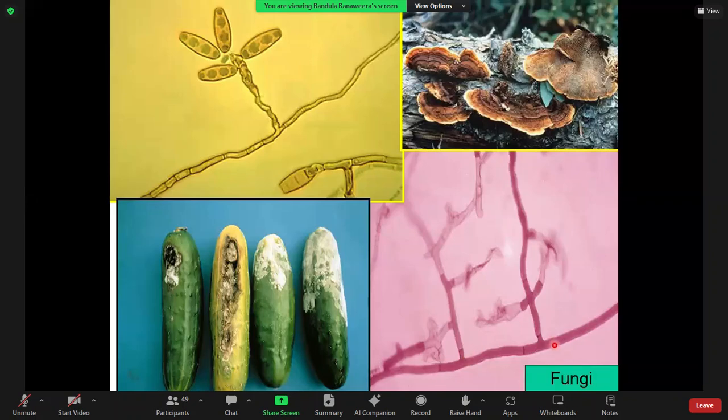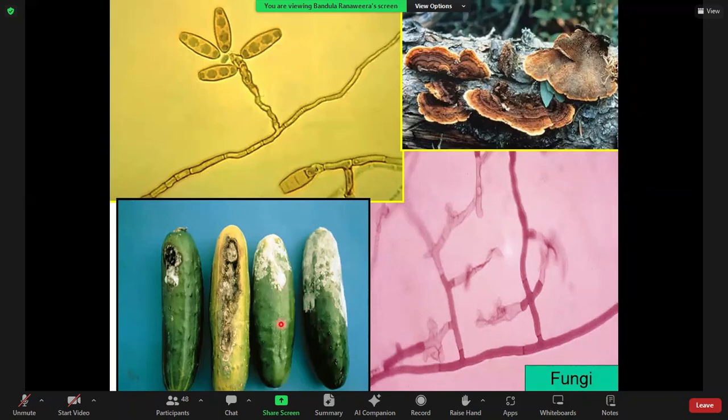So fungal diseases are caused by fungi. The symptoms of fungal diseases are usually easy to understand. We will talk about the symptoms later on as well. Now see this whitish, cottony-like appearance on the fruits.